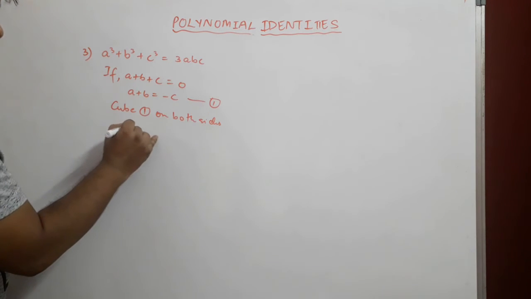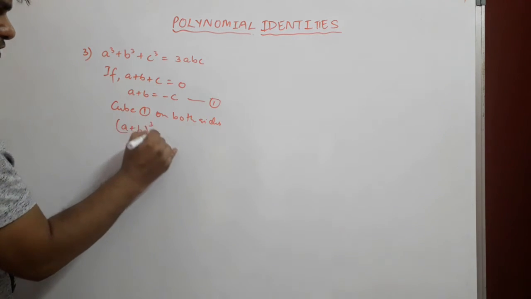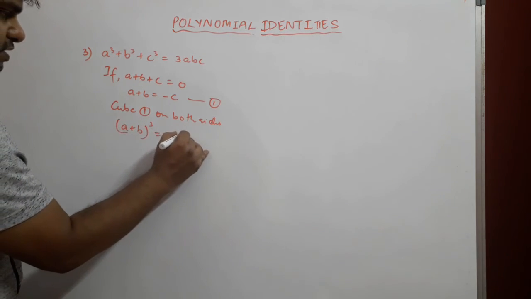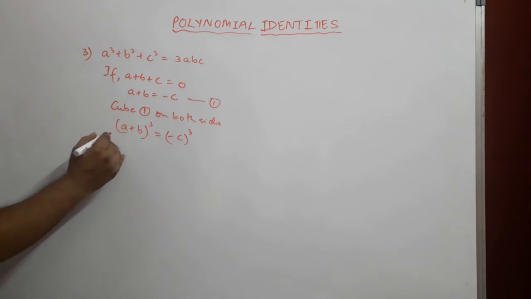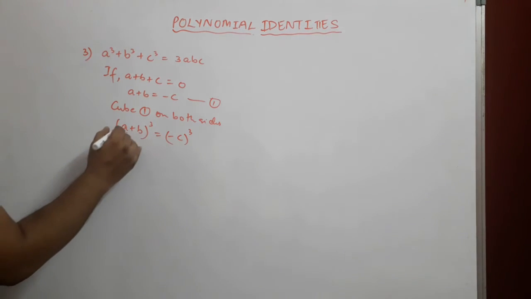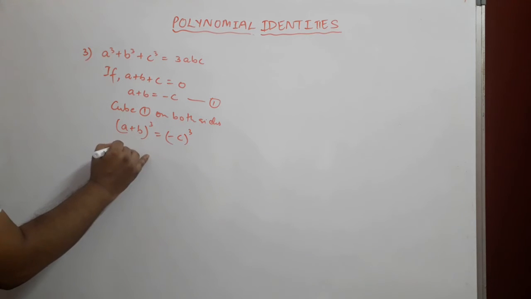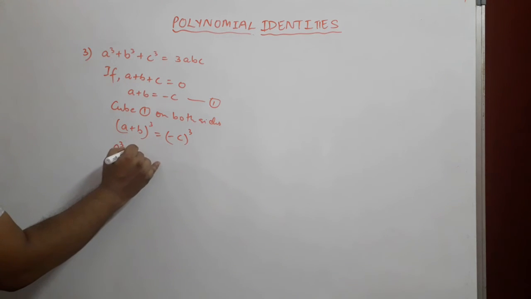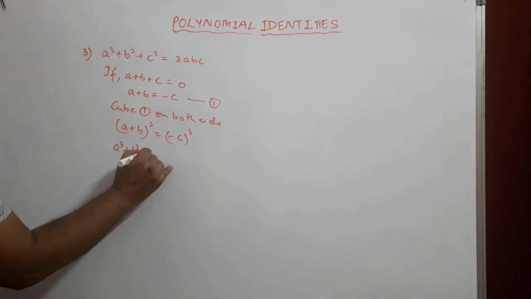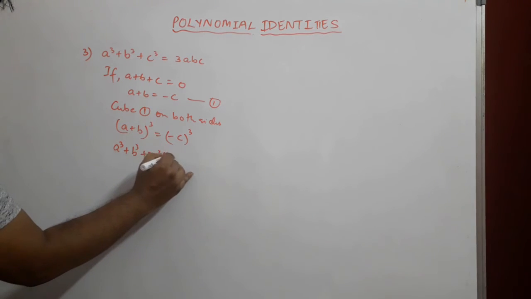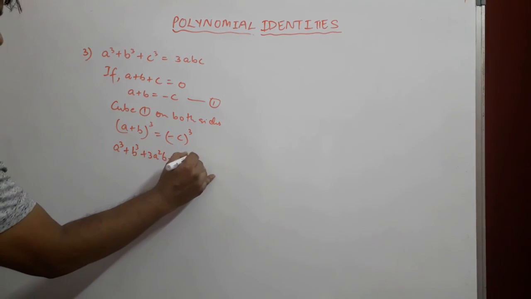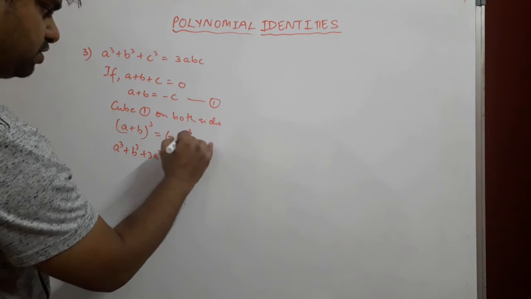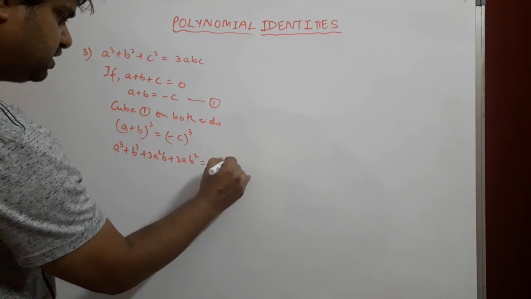And what do we get? A plus b whole cube equal to minus c whole cube. A plus b whole cube, we use the identity, we get a cube plus b cube plus 3a square b plus 3ab square equal to minus c whole cube, which gives us minus c cube.